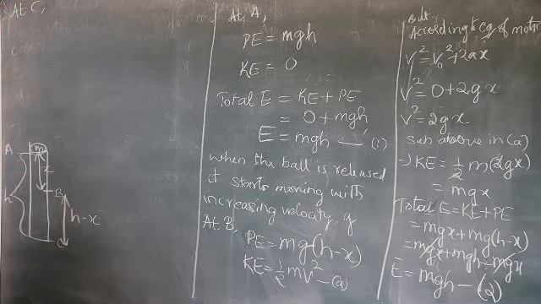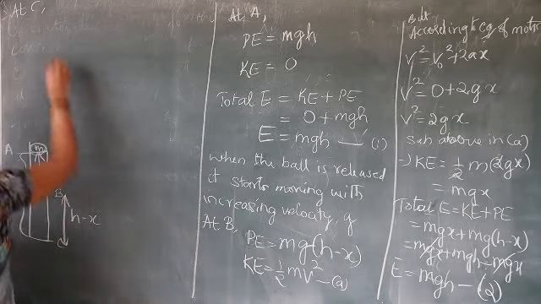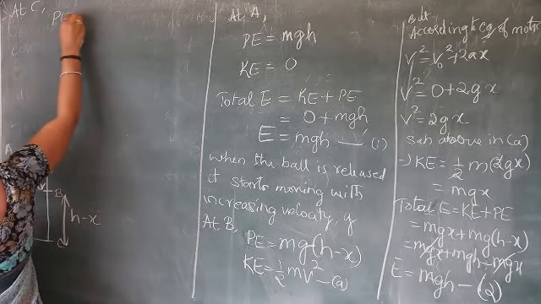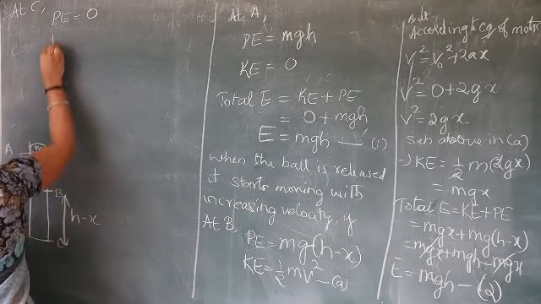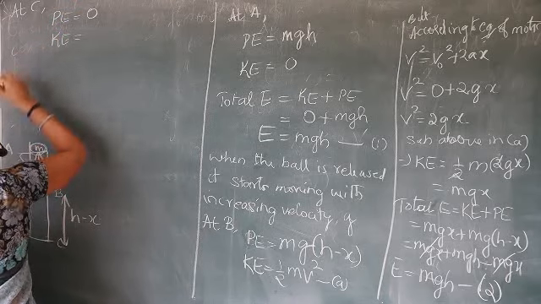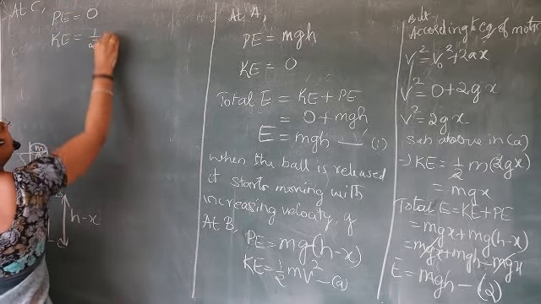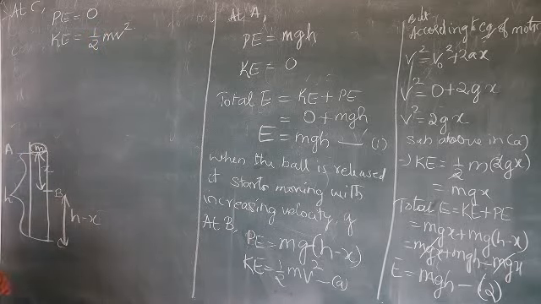At C, it just reaches the ground. That means maximum kinetic energy, minimum potential energy. So, potential energy at the ground is 0, and kinetic energy is maximum, that is half mv square. What about v?